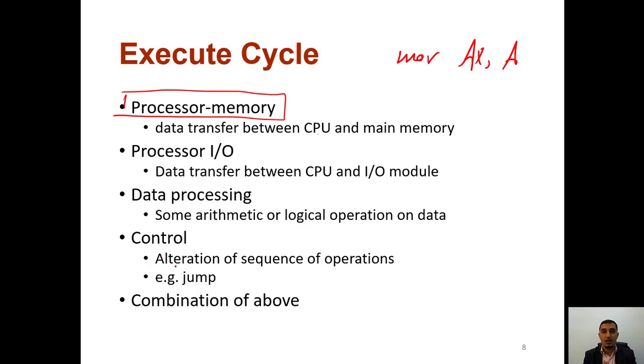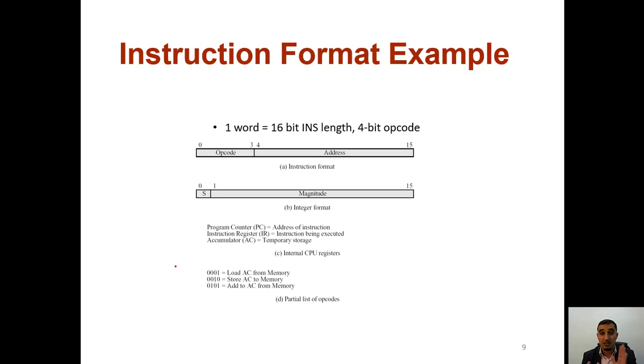Some instructions will require memory, other instructions will require only the CPU data, some instructions will require arithmetic and logic operations, other instructions will be control instructions, where we usually deal with jump, loop, call and return, all of these control instructions. Any instruction that deals with the program counter is considered a control instruction.